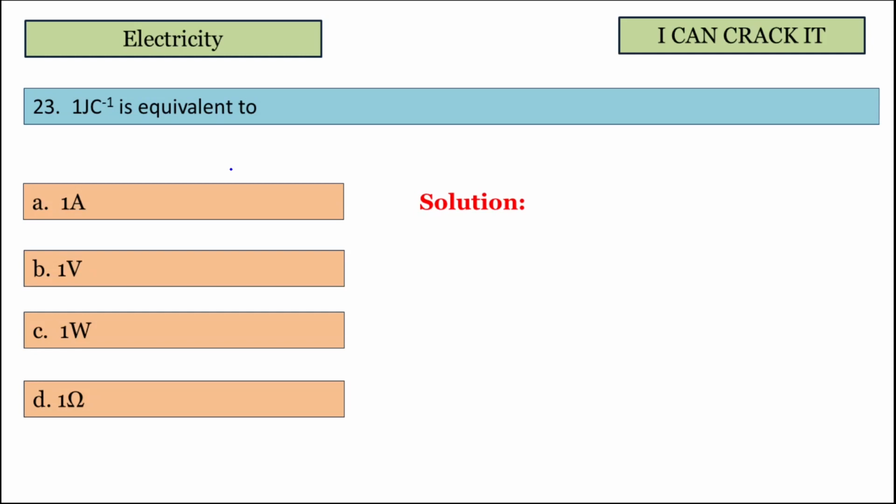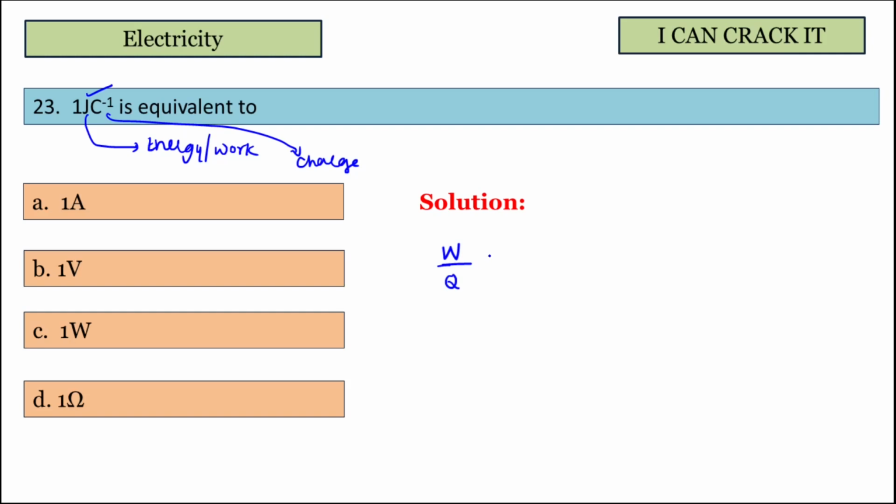1 joule per coulomb is equivalent to. See, joule is a unit of energy, a unit of energy or work. And coulomb is a unit of charge. Now here joule is work done, and I will write per coulomb, so divided by coulomb, which is charge.